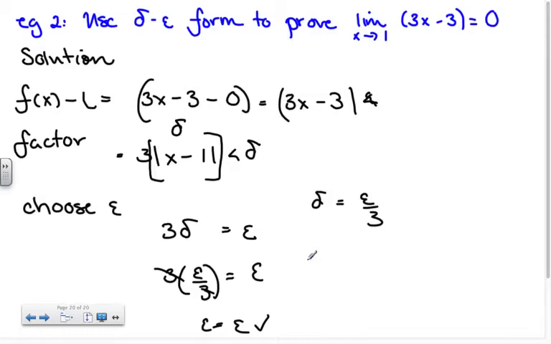Now, I promise you on your exam, you'll only have to do one of these, because these are pains in the butt and nobody likes to do them. So the idea with delta epsilon is to formally prove or to show that the limit really does approach this particular number.